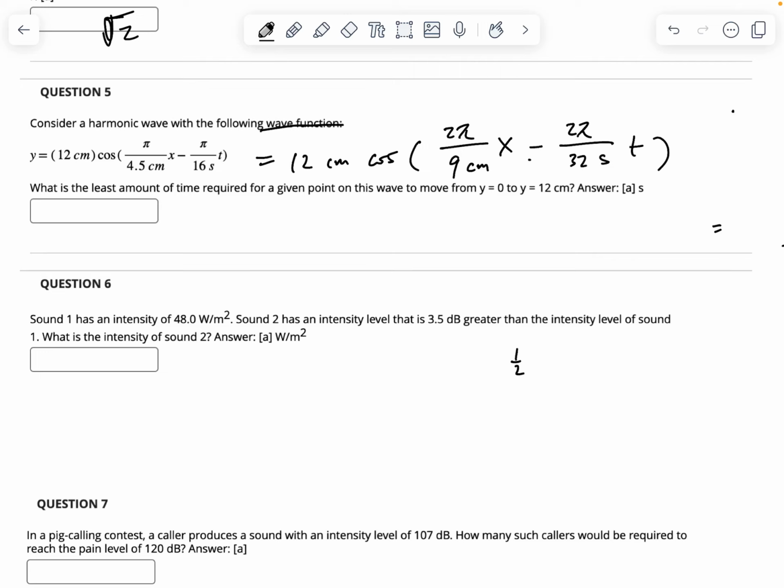You have to make a 2 pi over something. So from this, we can tell wavelength equal to 9 centimeter. Period equal to 32 seconds. So if we know wavelength and we know frequency, we know speed of wave.